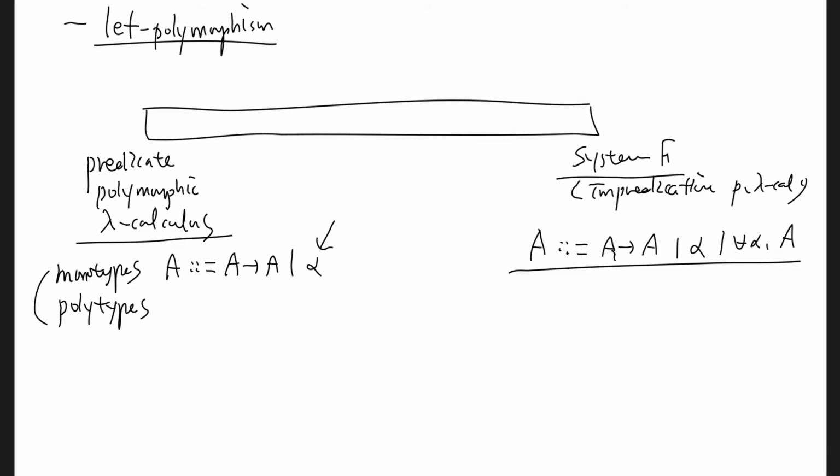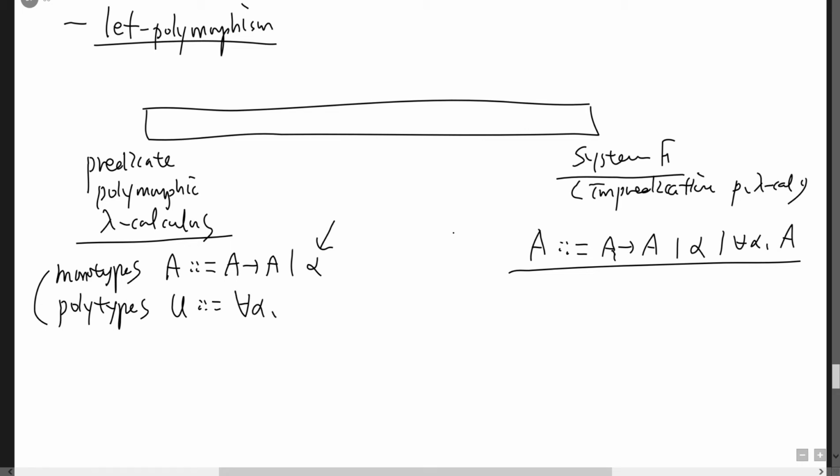It is just unknown types that we do not know anything about. The polymorphic types always start with this type quantifier, or it is a monotype. So in this way, we have two kinds of types, monotypes and polytypes. And of course, the polytypes include monotypes.